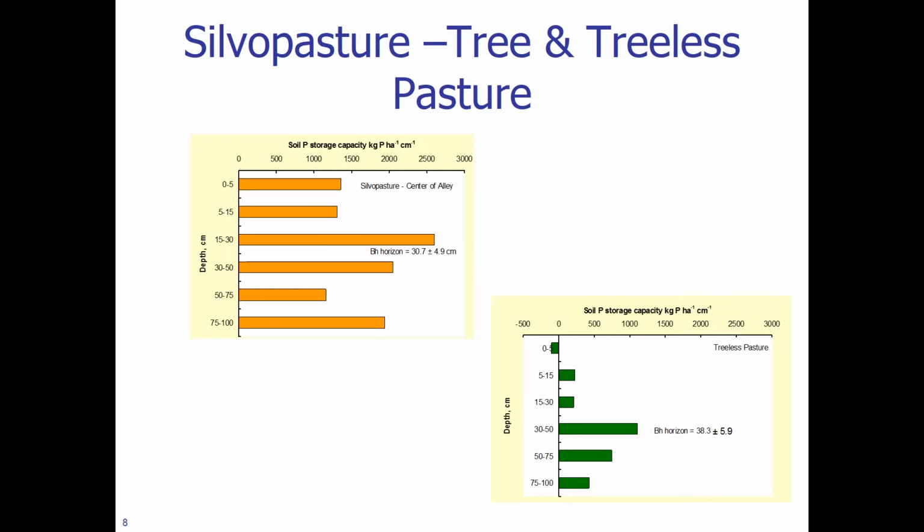A look at the surface horizon, the 0 to 5 centimeter depth, also shows that this is an area where the surface horizon has been compromised, or has negative capacity at this point. If you look at the storage capacity, the x-axes are the same for the two graphs, and you'll notice lots of differences in the storage capacity between the two systems.